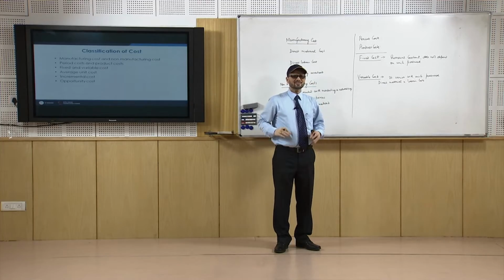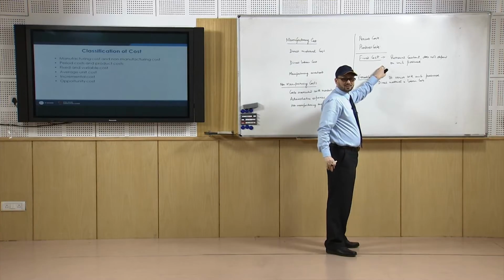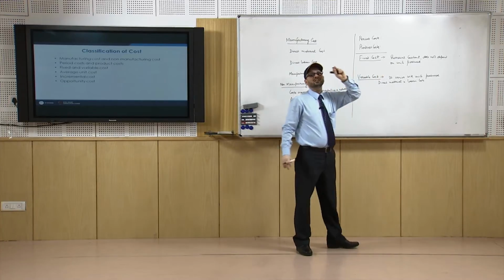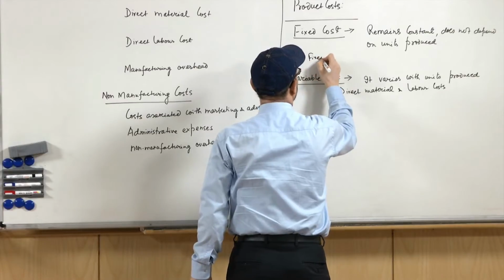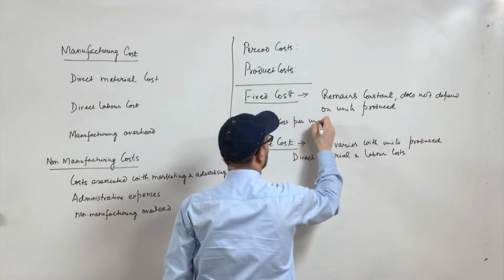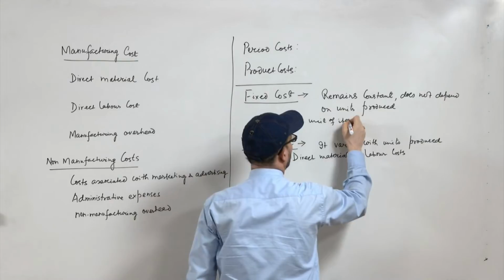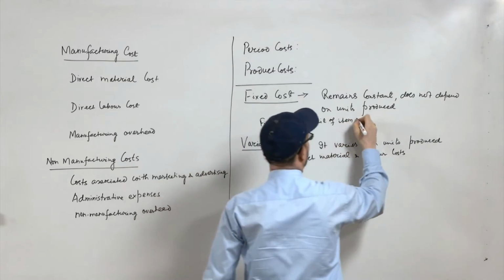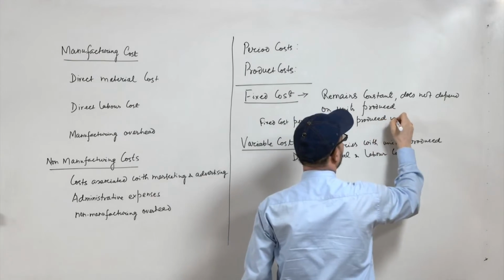So, what we see is that the fixed cost per unit basically changes. Fixed cost per unit of item produced is a variable quantity.